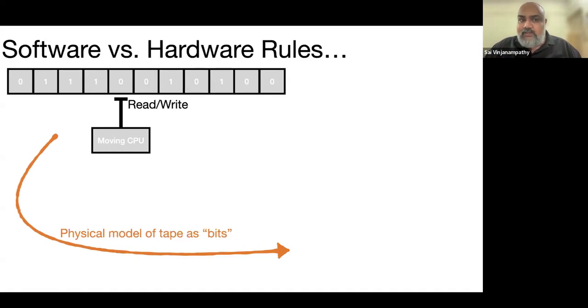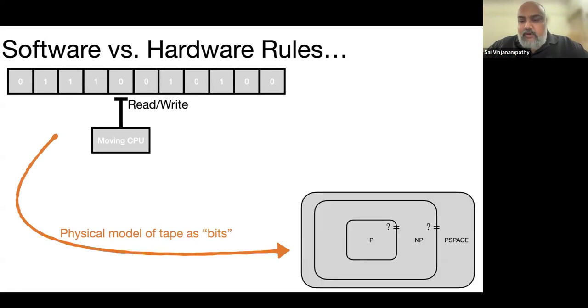And the crucial assumption is they made their physical model of the tape as bits, which means that they are little tiny zeros and ones, and that's all that they can be. They're little bullets, and the bullets can either be red colored or black colored, right? So these are binary choices. They're sealed. They're set in stone, and all you can do is manipulate these bullets. And this produced basically this complexity zoo for you.